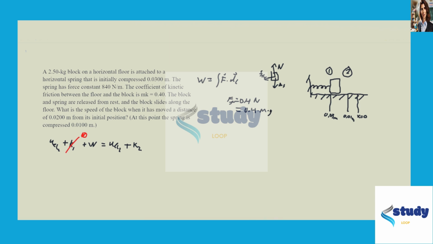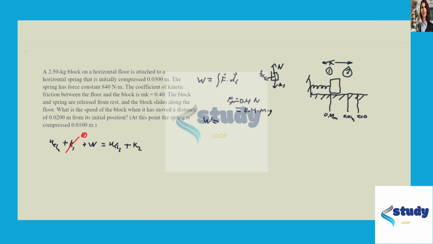Then we have to make sure that we get the correct sign. Since the block is moving this way and the force is going that way, the work is going to be negative.